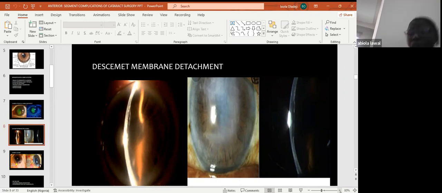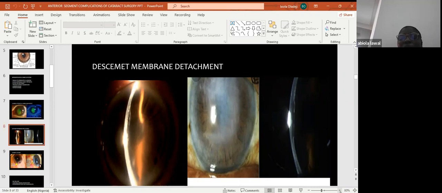So generally, precautions should be taken while handling instruments in the AC to prevent this kind of complication from happening. And when it does happen, you can have areas of corneal edema, swelling in the part that is stripped, and they can also be striated.